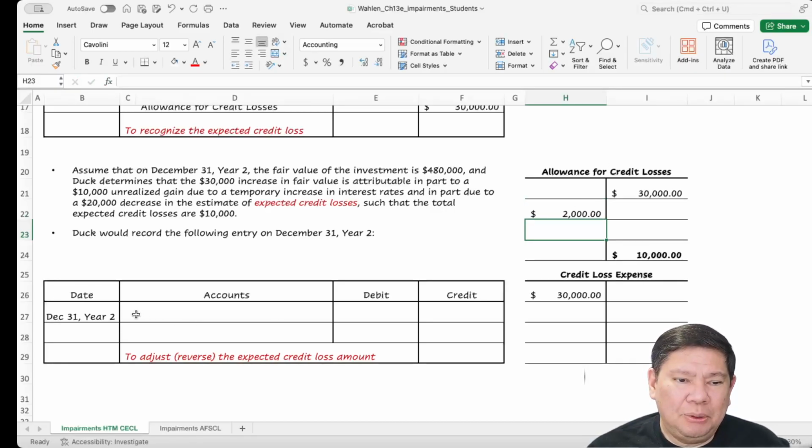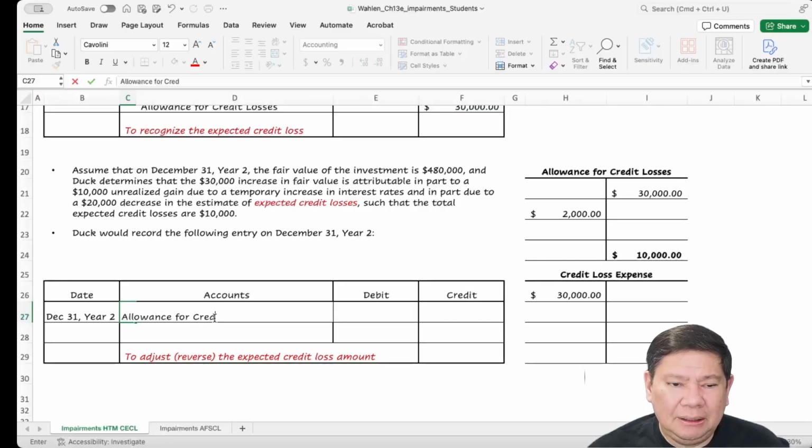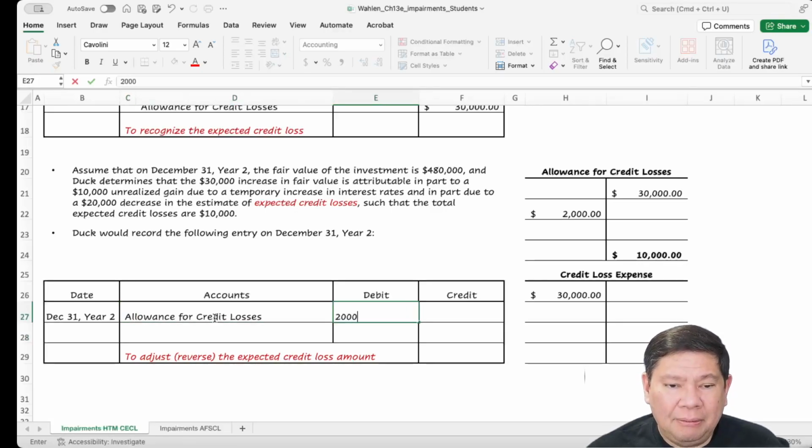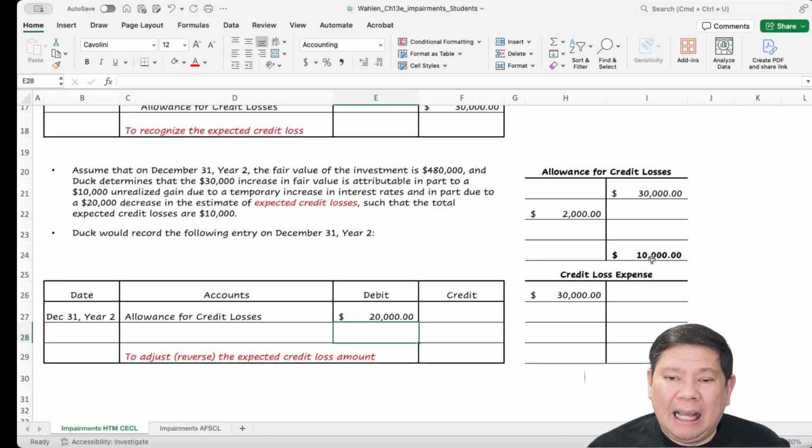Okay, so we have to put here on debit allowance for credit losses. After this entry, we are going to have $10,000 credit allowance for credit losses.